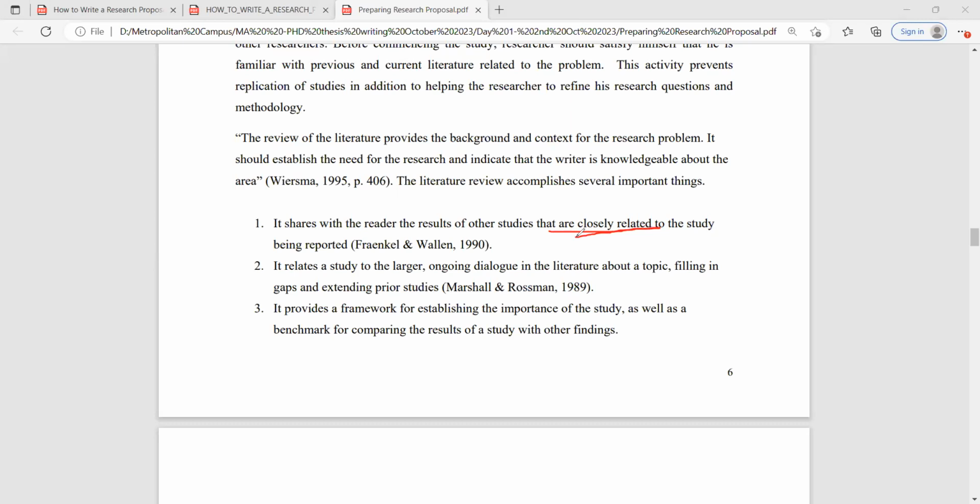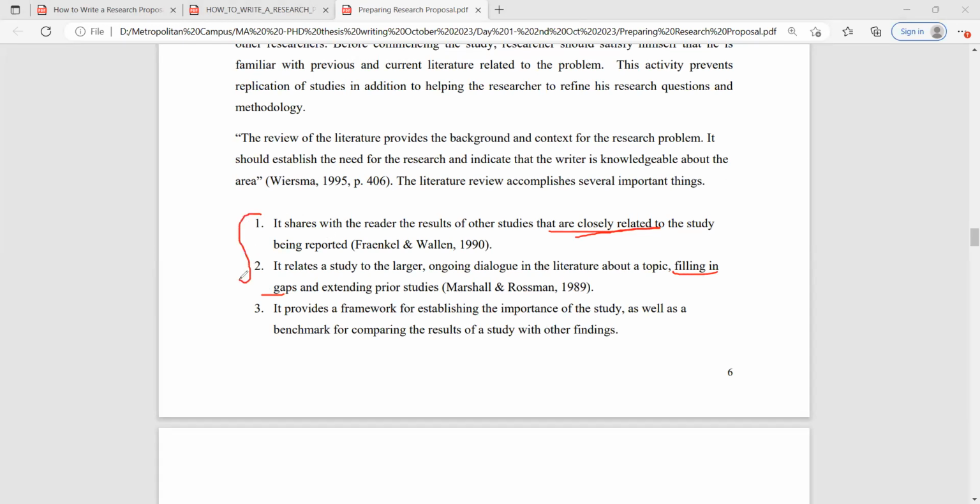It relates a study to a large ongoing dialogue in the literature about a topic, filling in gaps. And the other one is your research gaps and extending prior studies. It provides a framework for establishing the importance of the study as well as a benchmark for comparing the results of a study with other findings.